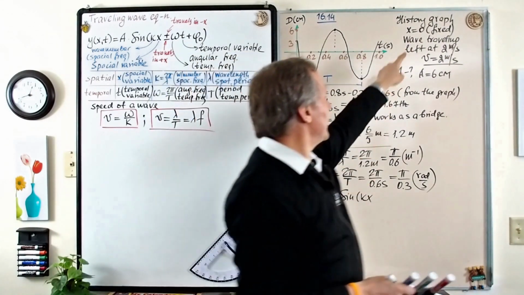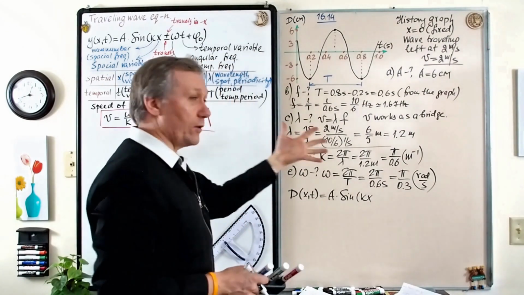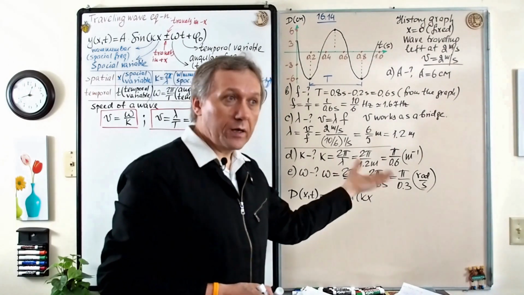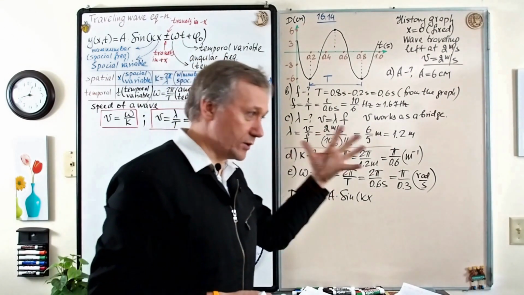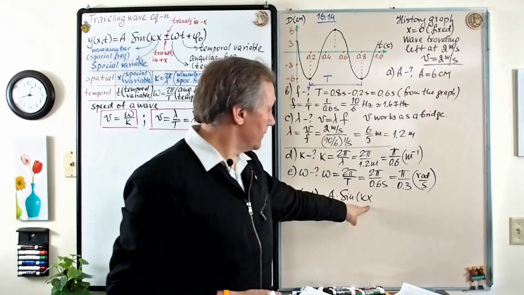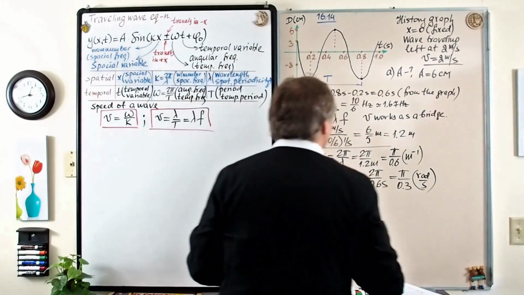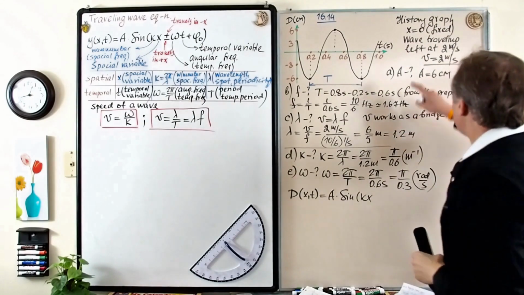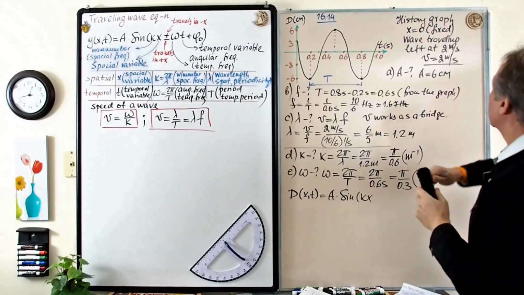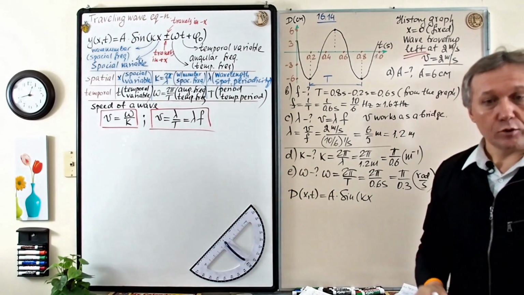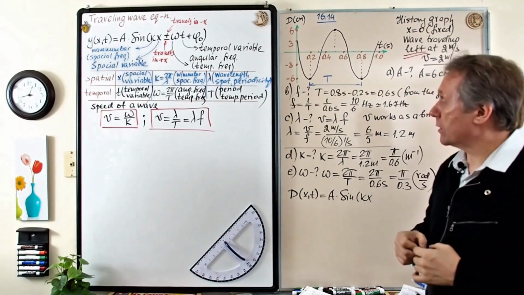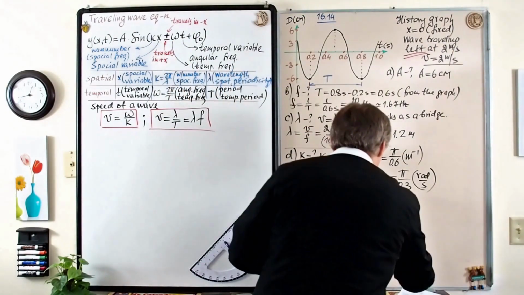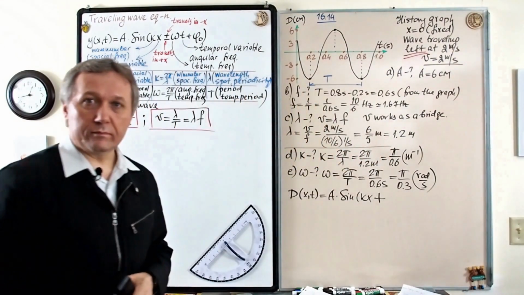If the wave propagated along the y-axis, we would have y. If it propagated along the z direction, we would have z. Then plus or minus: the problem says the wave is traveling to the left, which means negative x direction. For the negative x direction, we have to use plus. I made a big plus.